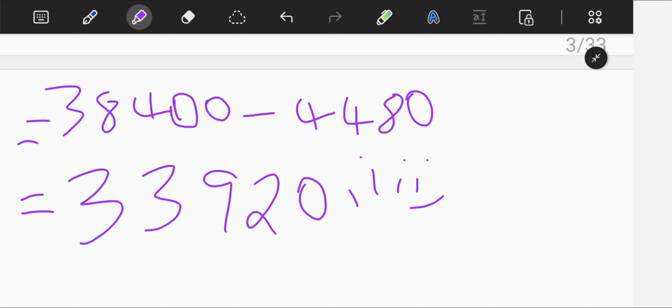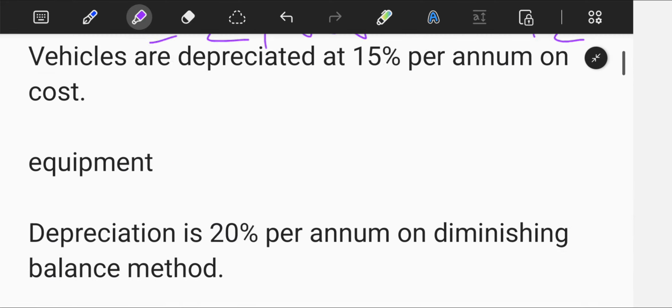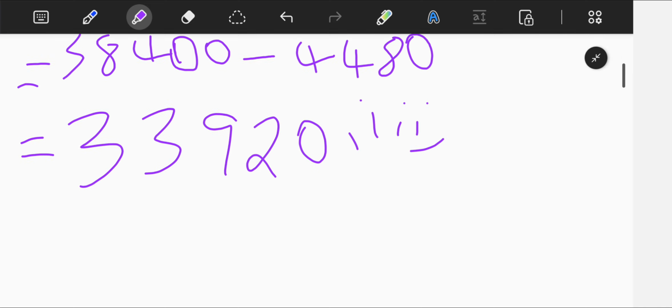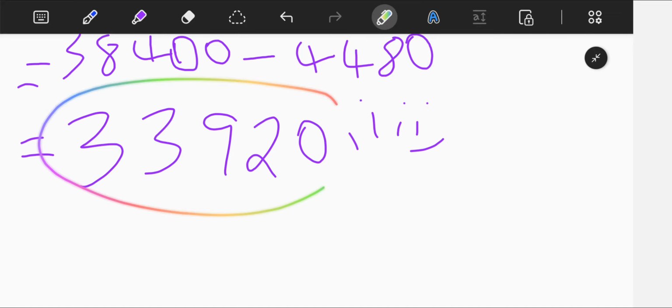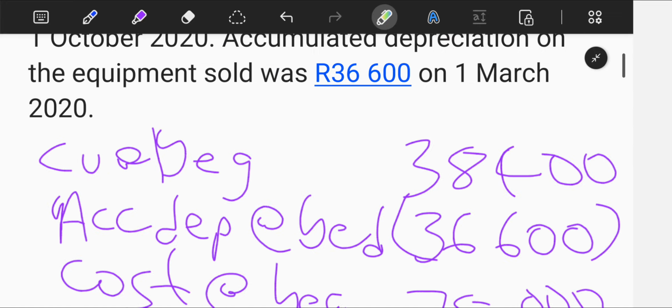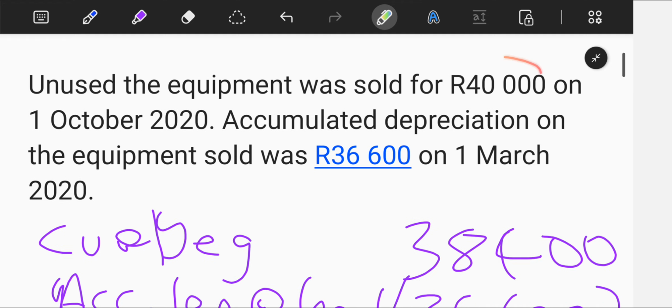Now, there was another question, I just forgot to jot it down here. There was another question to say, how much is the profit for this asset that has been sold? Profit or loss? How much is the value today on the 1st of October? It is 33,920. How much did we sell it for? For 40,000.